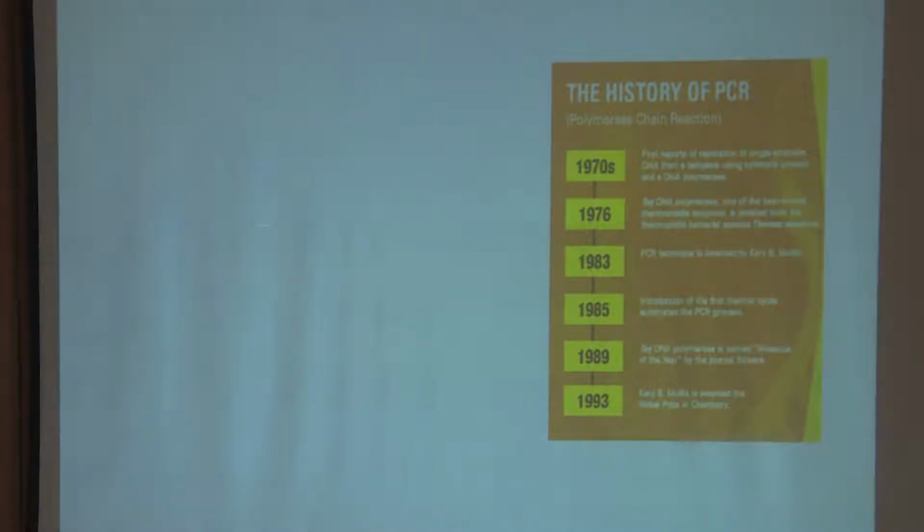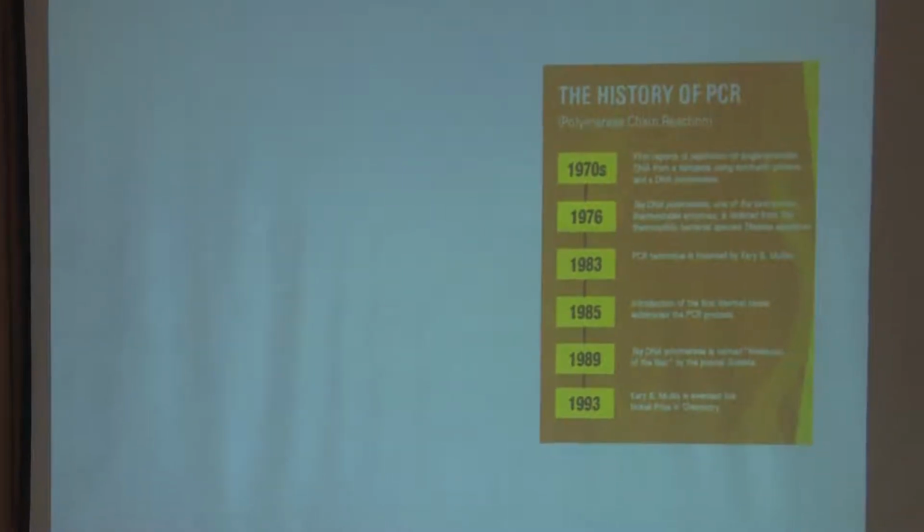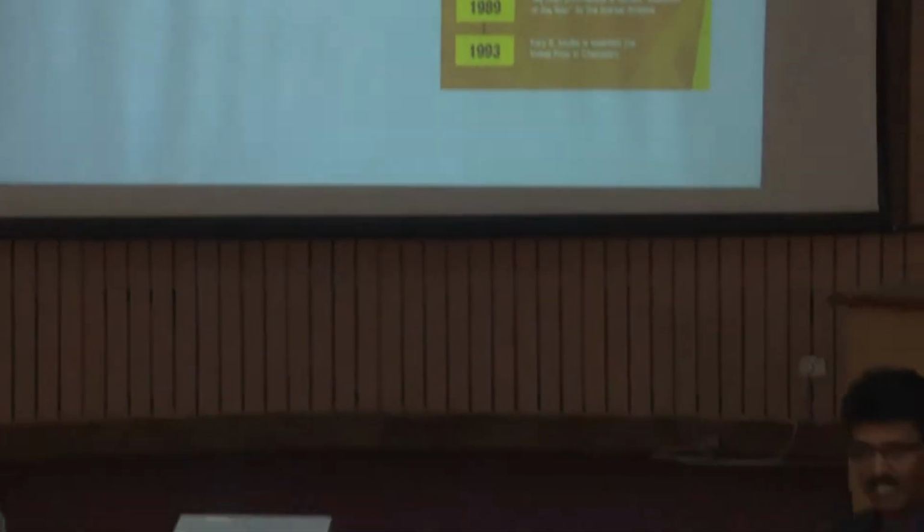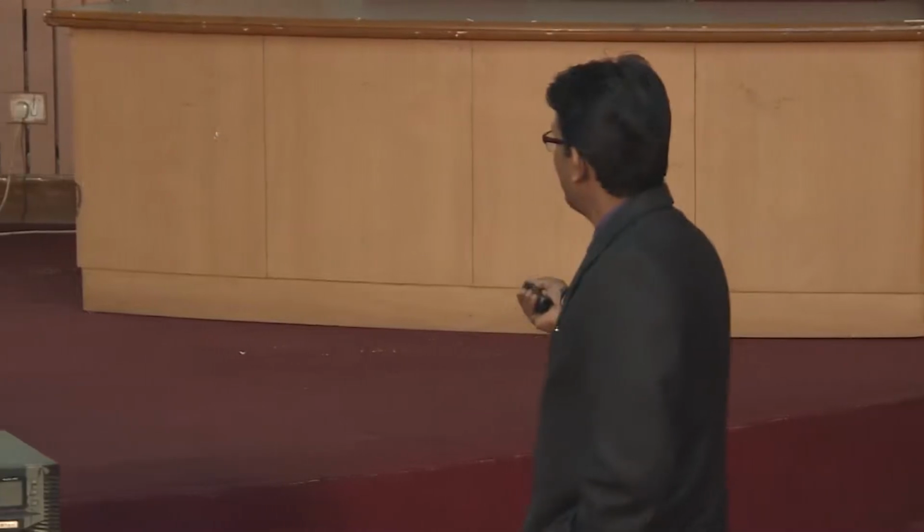Before that, people used to move from one temperature to another temperature just to expose the reaction cocktails. So now in 1985 the machines started coming from different companies which automated the PCR.